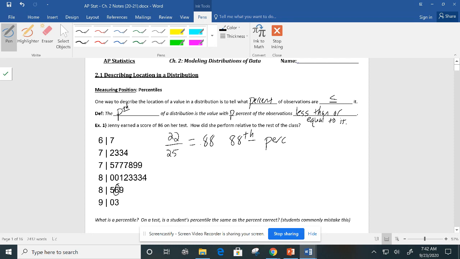It's important that you're able to interpret these results as well. So she's at the 88th percentile, so Jenny's score is at or above 88% of the class.